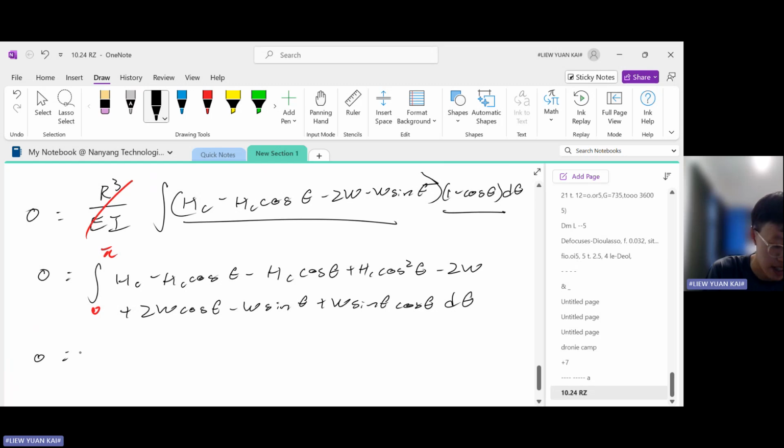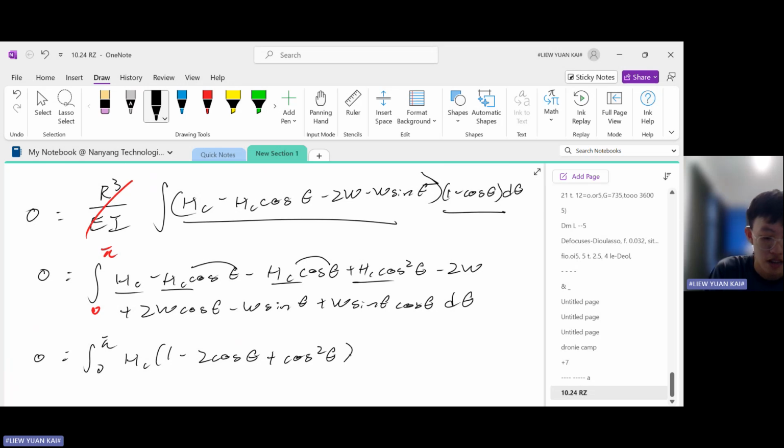How am I going to further simplify this? I'm going to factorize all the HC terms. So HC times 1 minus 2 cosine theta, since this cosine theta minus this cosine theta is minus 2 cosine theta, plus cosine squared theta.